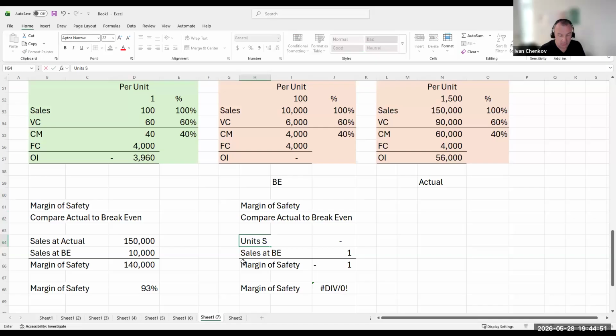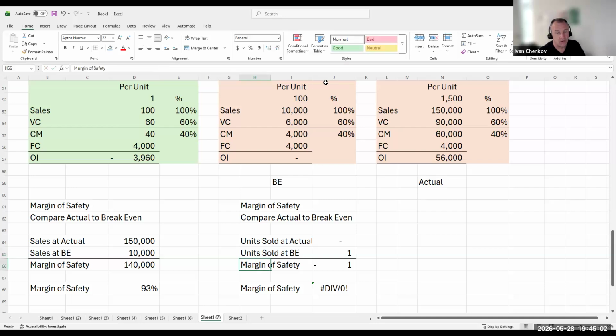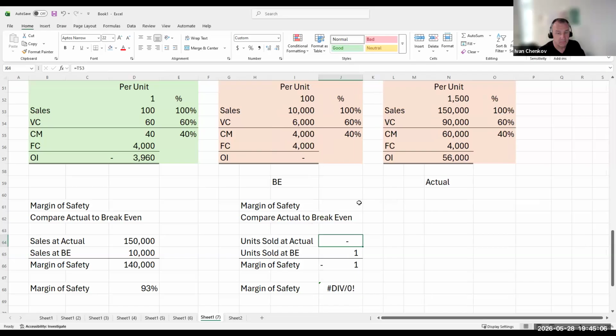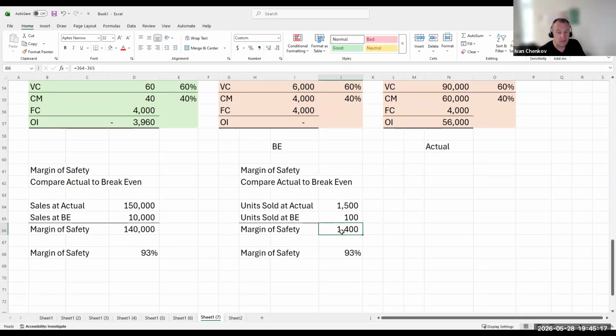Units sold at actual level and units sold at break-even, and I'm going to find margin of safety in number of units. At actual level, I'm selling 1,500 units. On the break-even, I need to sell only 100. So I'm 1,400 units above. My margin of safety magically is exactly the same.